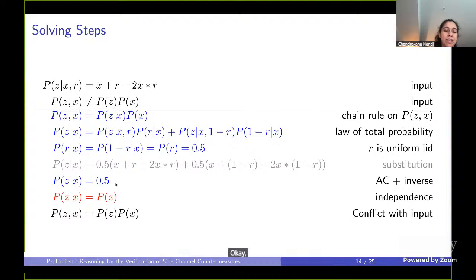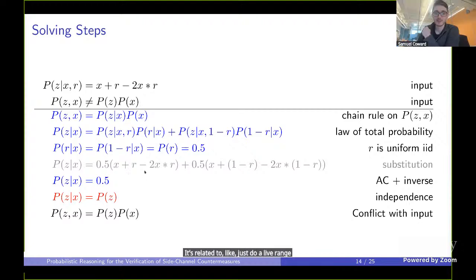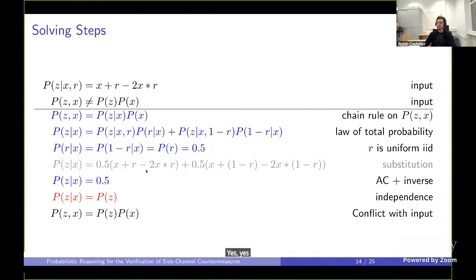Okay, I see. I think that makes sense now. It's related to just doing a live range analysis on the right-hand side, and you have something that is independent of X, right? Yes, that would be that.